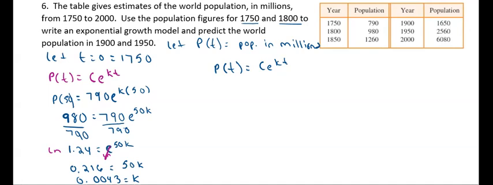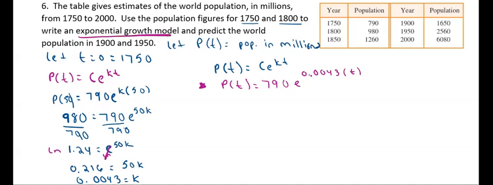So P of t, our population at our time t, we know our C value now, that was our 790, e, we know our K, that is 0.0043. And then we don't know our T because we're just writing our equation. We'll figure that part out in a minute. So now we have our new formula, and that is our exponential growth model.